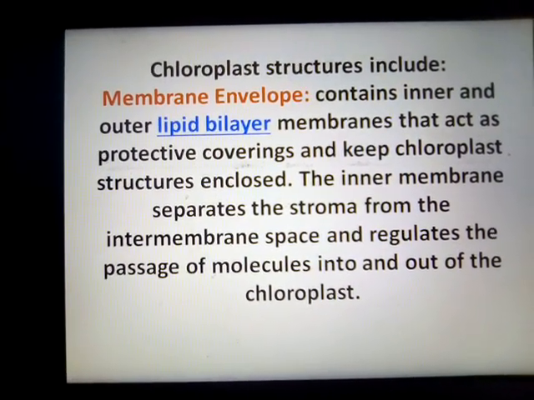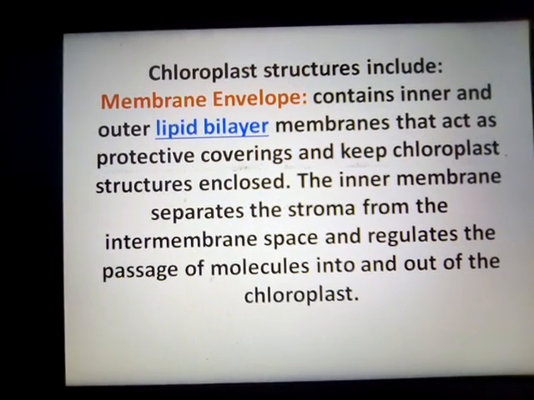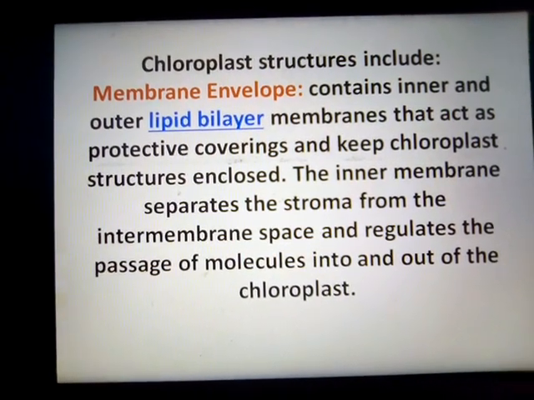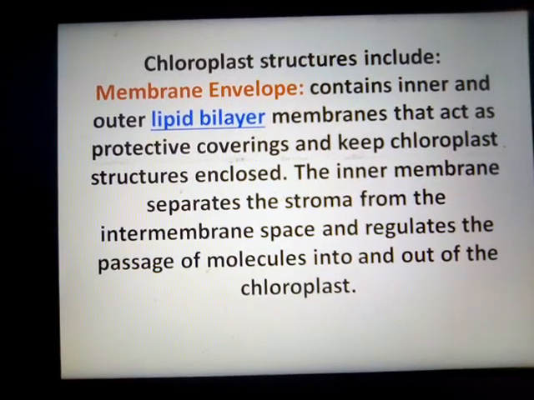The inner membrane separates the stroma from the intermembrane space and regulates the passage of molecules into and out of the chloroplast.